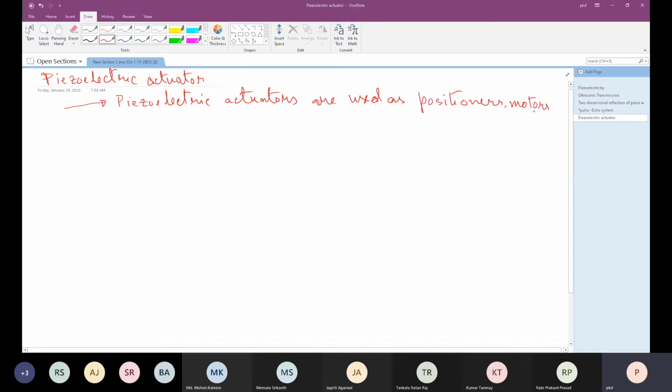motors, and for damping purposes like vibration suppressors. One of the major applications of piezoelectric actuator is in positioners because it can be computer controlled.